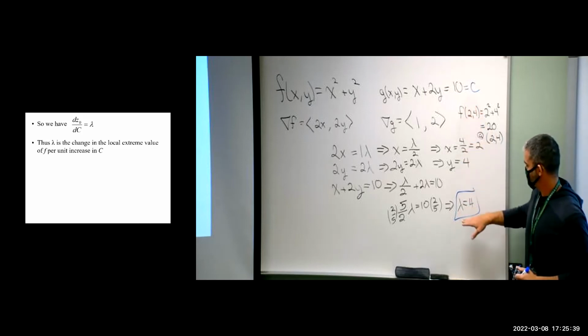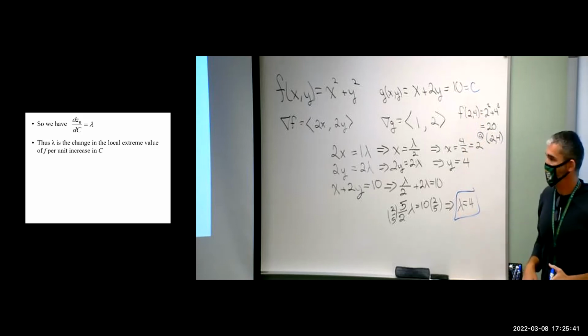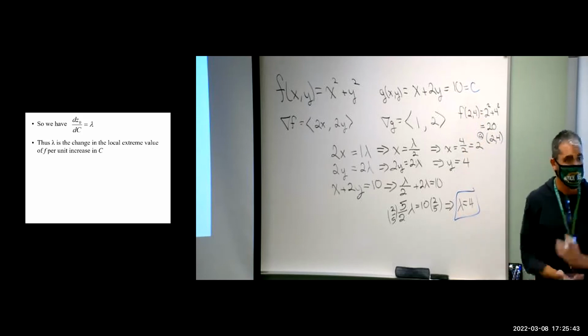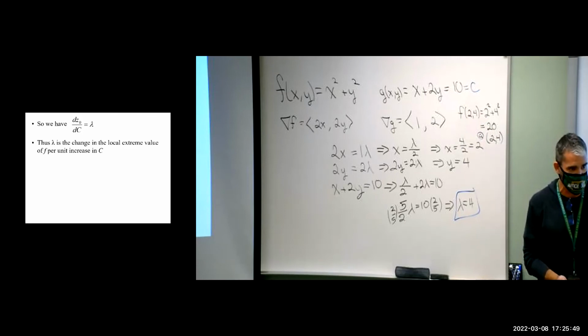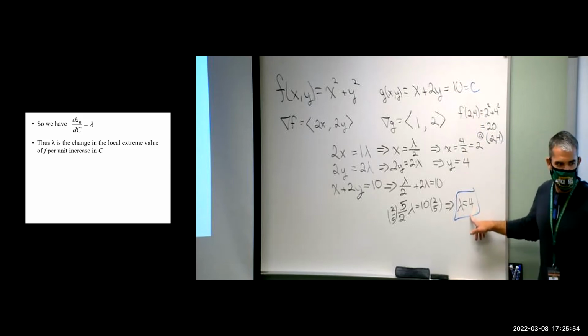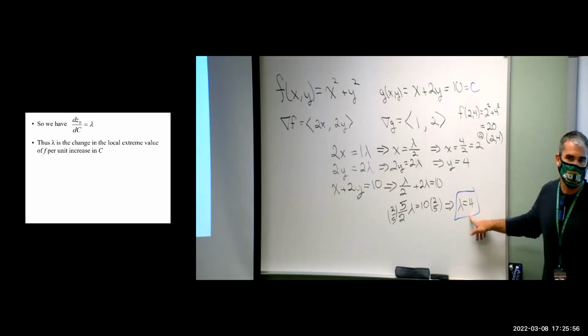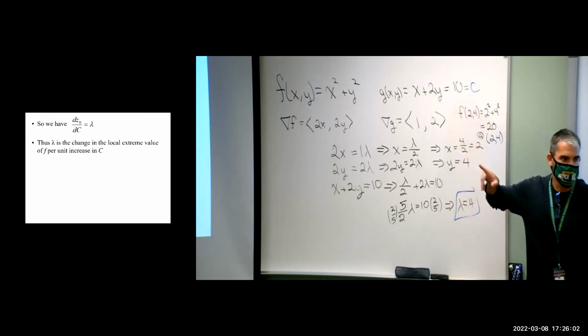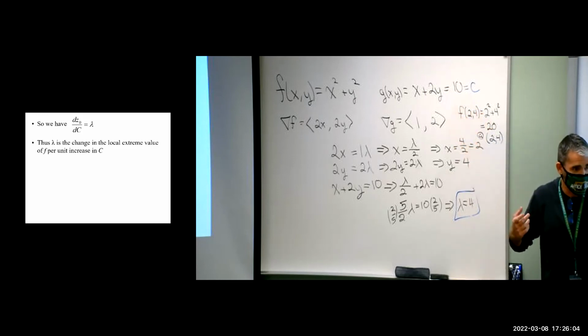Okay, so now let's talk about the way lambda works. Lambda talks about the way the optimal value is changing with respect to a change in constraint. So what that 4 is, we could use that as a way of saying, how much is our optimal value going to change if we increase our budget or decrease our budget, right?